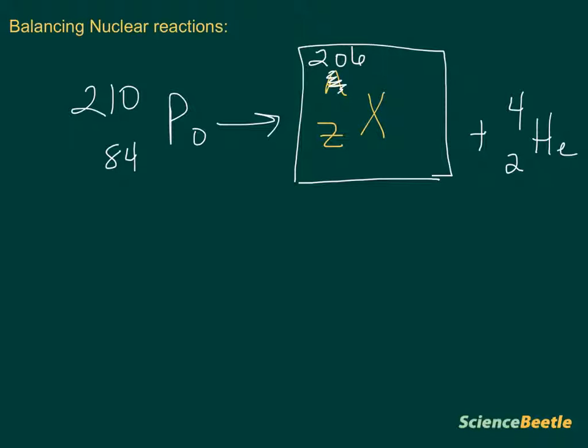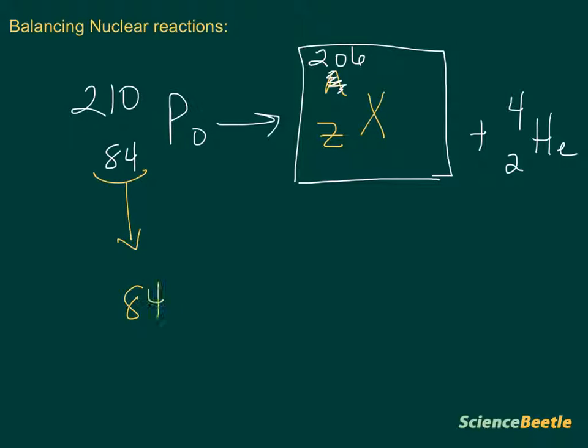Now the next thing we're going to do is turn our attention to the Z numbers. The Z numbers are at the bottom. On this unknown element X, we've got a Z number represented just by the letter Z. We've also got it for polonium, which is 84, and for helium on the other side, we've got a 2. So we're going to generate an equation for that. We'll take the 84 and bring it down.